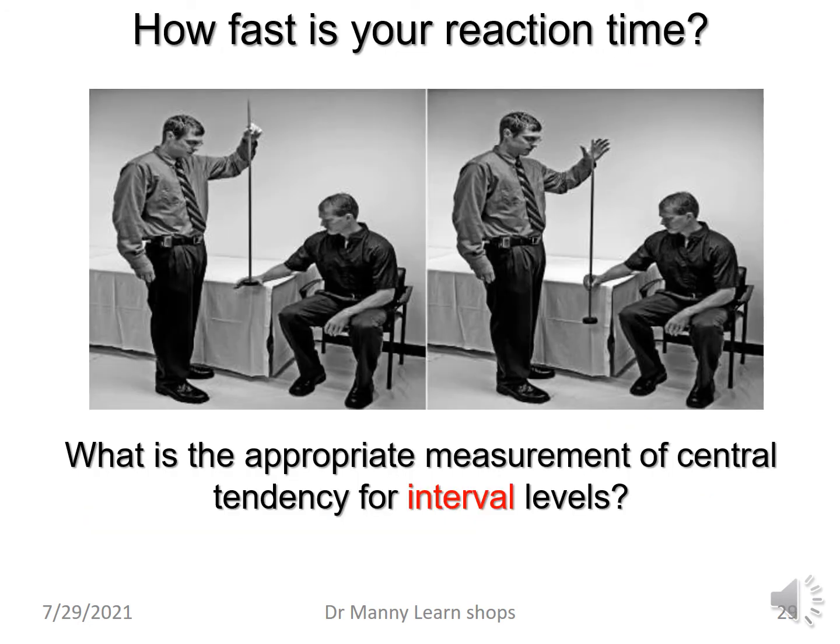So here is an example now of an interval. How fast is your reaction time? What is the appropriate measurement of central tendency for this interval level? This could be the mean, the median, or the mode.